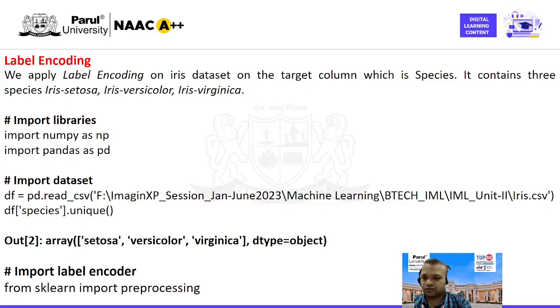Then in df, we want to work with species, that means the target column. So df['species'].unique(), we identify the output here, because we want to identify the unique species values. Setosa, versicolor, virginica, you will get. Next, import the label encoder, because we want to apply label encoding here. We import it from scikit-learn: from sklearn import preprocessing.